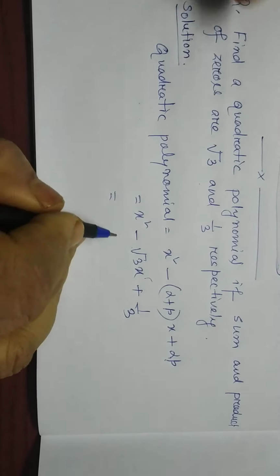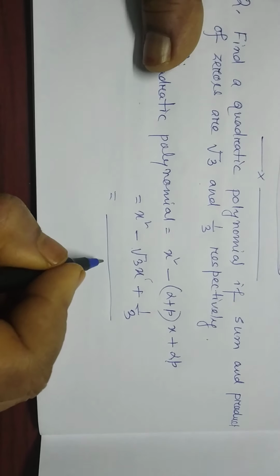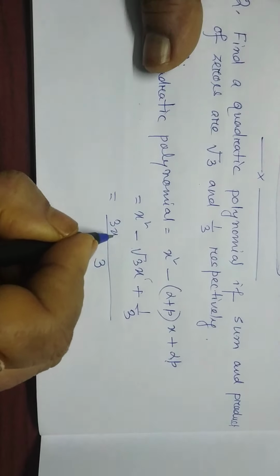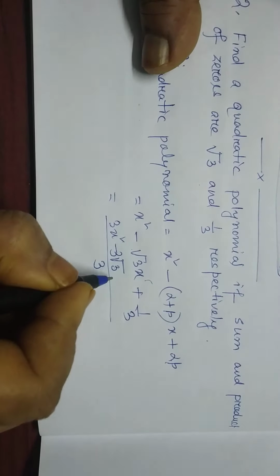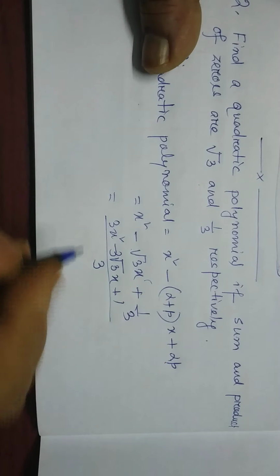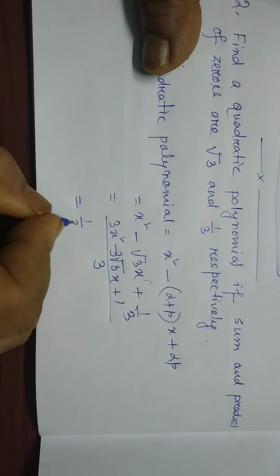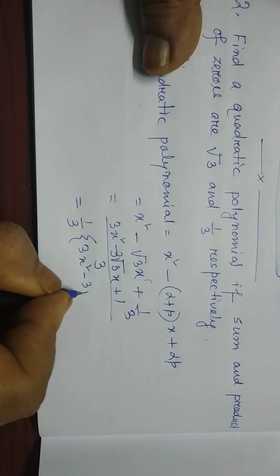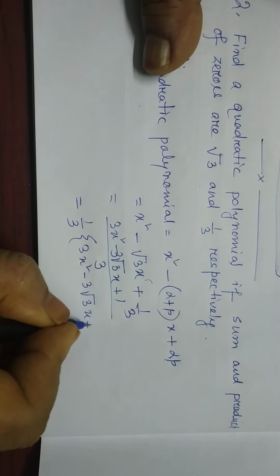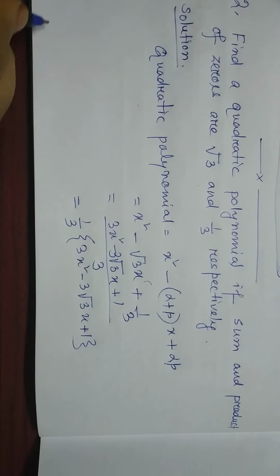Now here we take LCM 3, then this one is 3x squared minus 3√3x plus 1. If we take 1 by 3 common, then 3x squared minus 3√3x plus 1.